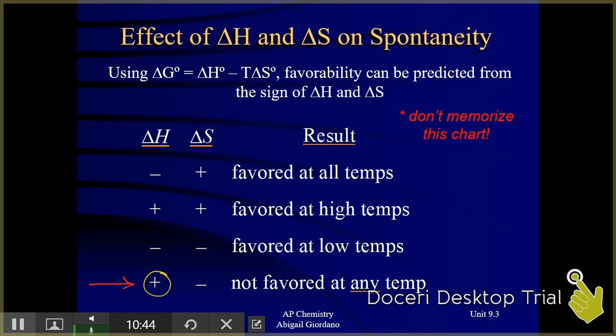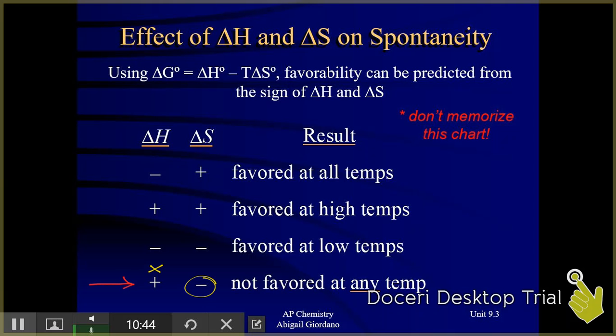If it's a process where heat is required to make products, that's not a favorable process. And guys, most endothermic processes, most, not all, but most, are not thermodynamically favored. Most endothermic processes are not going to happen on their own without any help. So I'm going to put a little X above that plus sign indicating probably not favored.